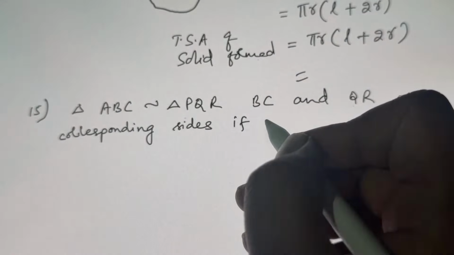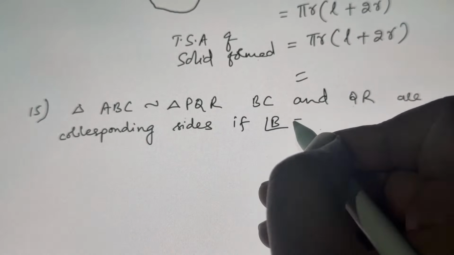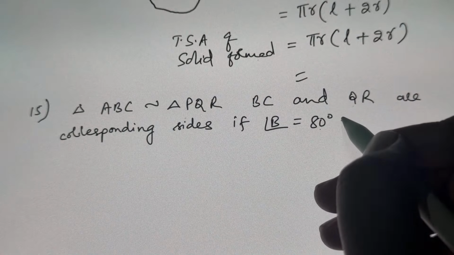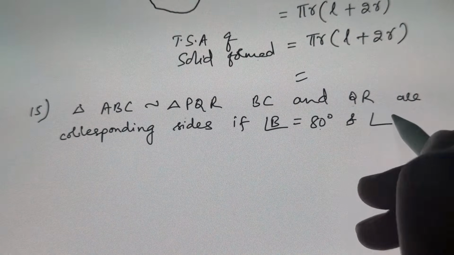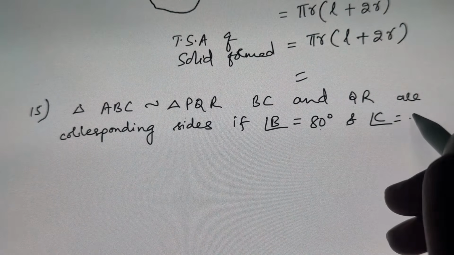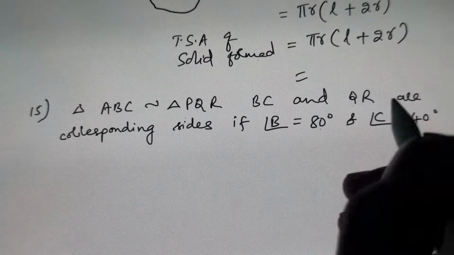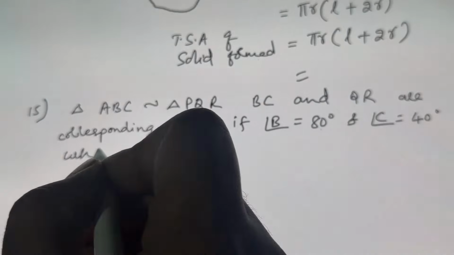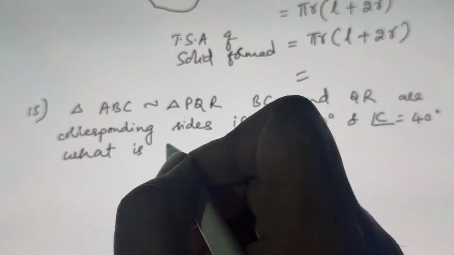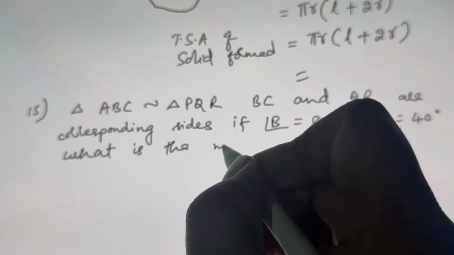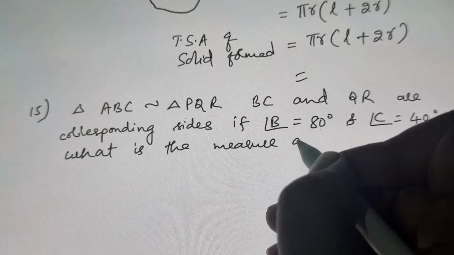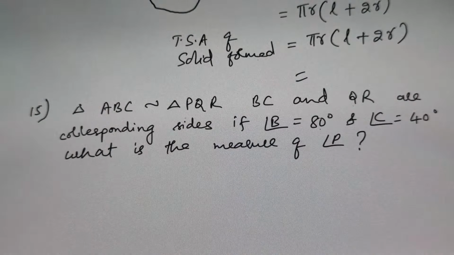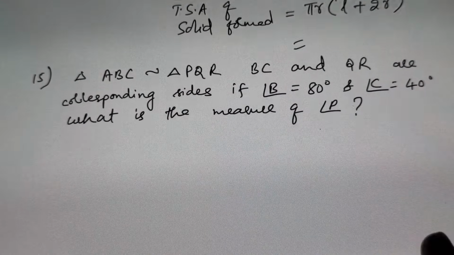If angle B is equal to 80 degree and angle C is equal to 40 degree, what is the measure of angle P?